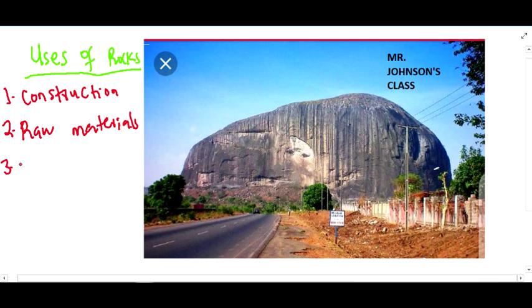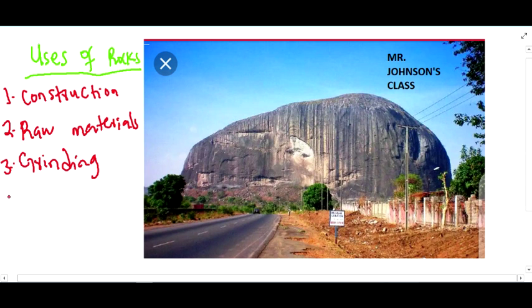We can also use them for domestic purposes. And when I talk about domestic, I mean the grinding stone. You know this thing they call it in Igbo, Nkumose. So local people use it for grinding. We can also use some of these rocks that contain fossils. Some of them contain natural resources.